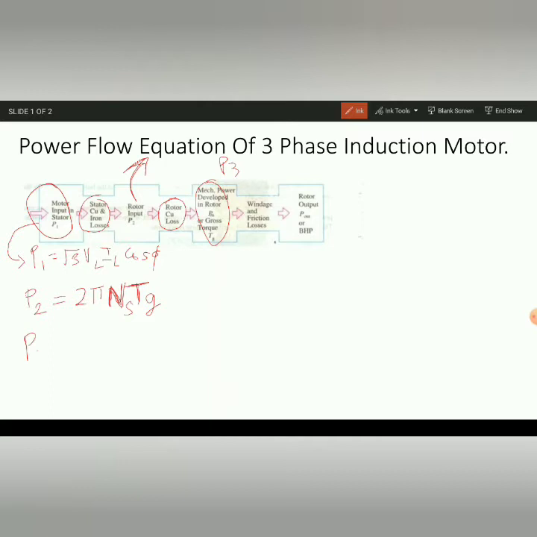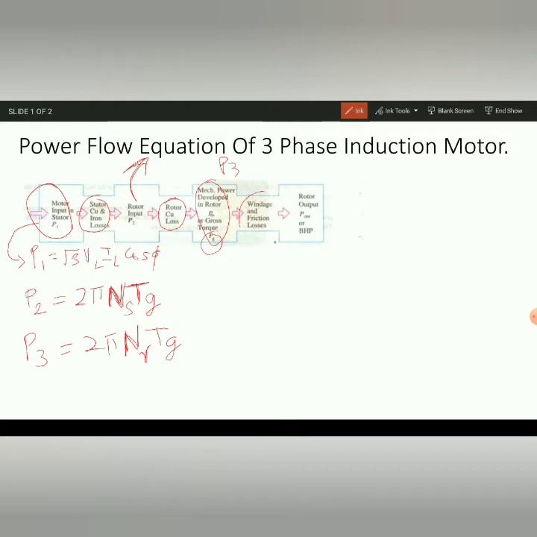P3 is again 2 pi nT. But what is the difference? The torque will be gross torque only, because the torque is still just generated, and again there is no loss. So this can be gross torque, but now the rotor has started to rotate, so it is not synchronous speed, it is the rotor speed. Okay, now P3 is there.